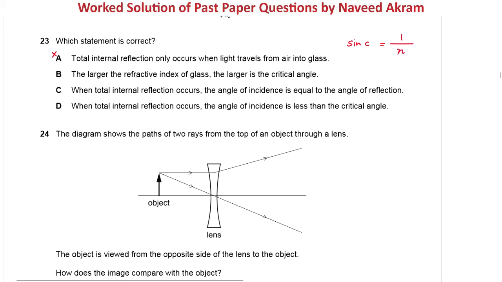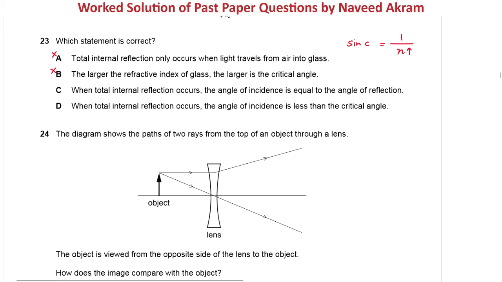So the larger the refractive index, smaller will be sine C because refractive index is in the denominator. So the larger the refractive index, smaller will be the sine of critical angle, and hence smaller will be the critical angle. So option B is also incorrect.